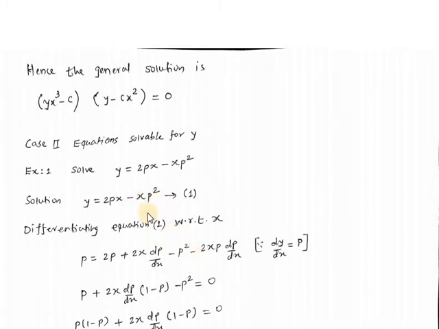Okay, then minus x is constant and derivative of p square will be 2p, but we have to take derivative of p with respect to x, therefore into dp by dx. Now here 2p minus p will be p, so p plus, and here 2x dp by dx is common from second and fourth term. 2x dp by dx is common. Okay, so in bracket 1 minus p square is equal to 0.